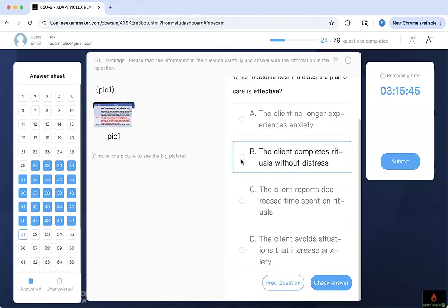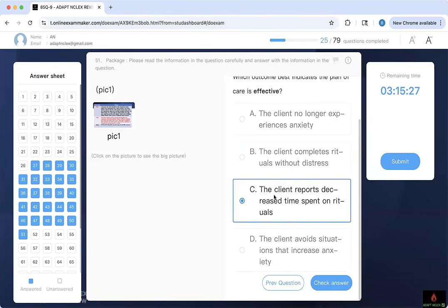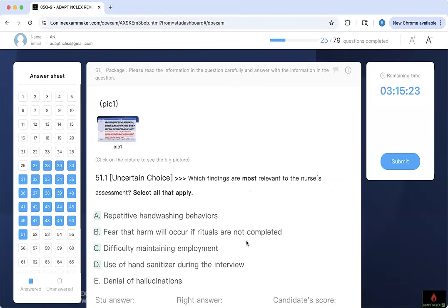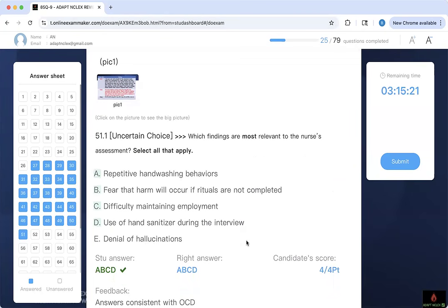It's not that they don't have anxiety. No, it's not that the client avoids situations. It's because I'm not doing the amount of washing I was doing before. That is OCD. That's the concept I want you to take with you. And this is the right answer. So master it, know it, and underline it. These are some of the things you have to know when it comes to this test-taking strategy with questions on case studies. Next one.